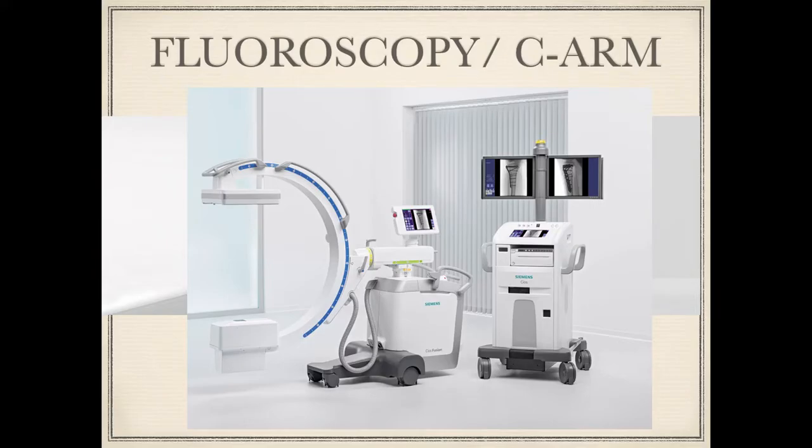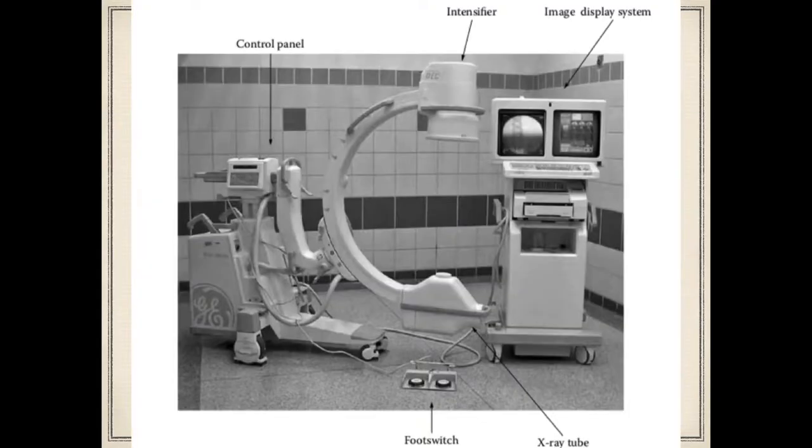The C-arm offers advantages in terms of mobility and portability, and the ease of taking X-rays from different angles. This image displays a GE machine, which is what I have in my hospital. So I thought this would be an easier one to explain things with. And it's quite a commonly used machine.